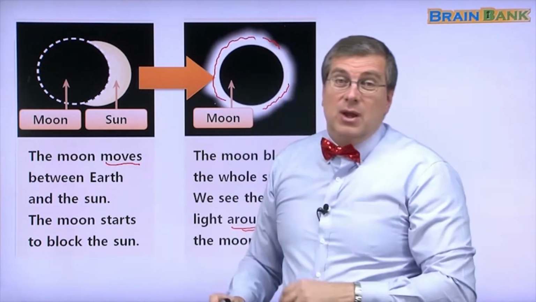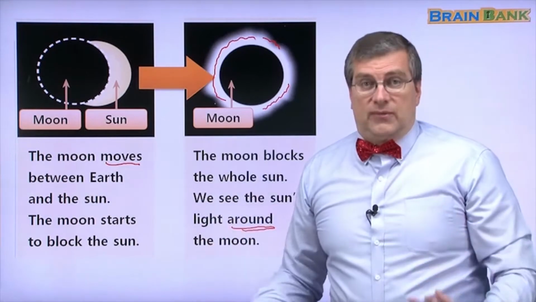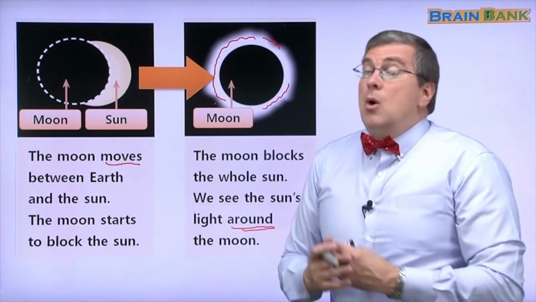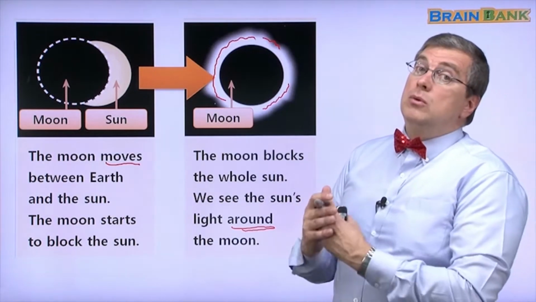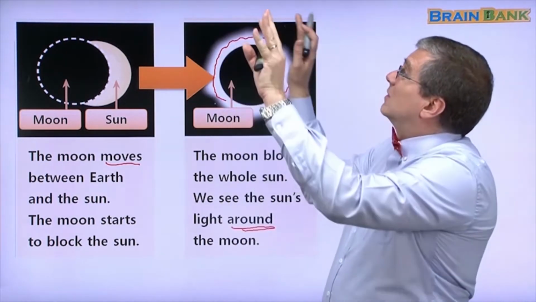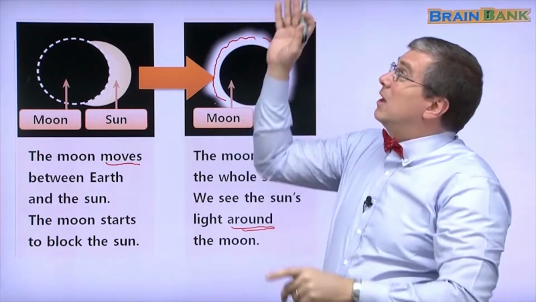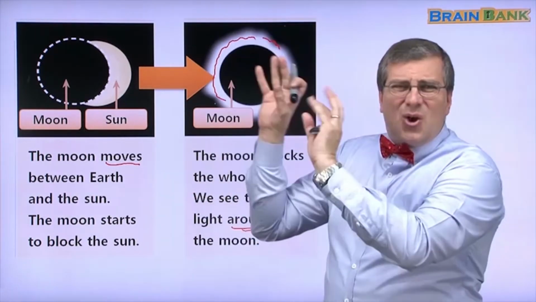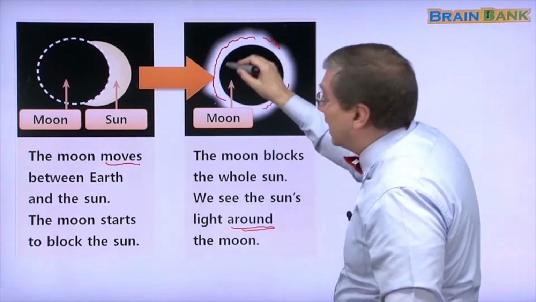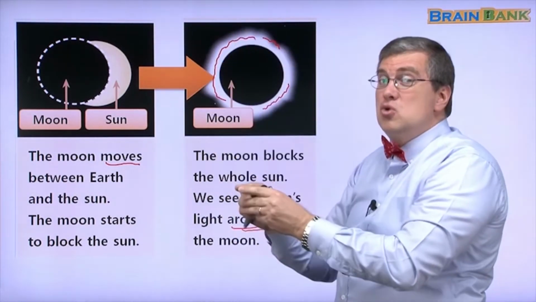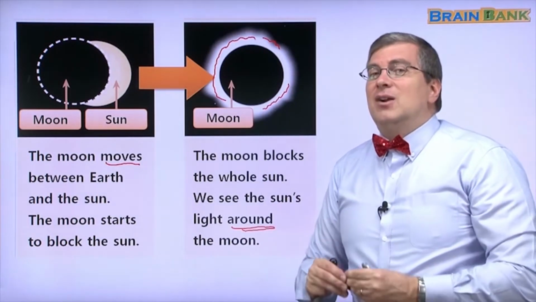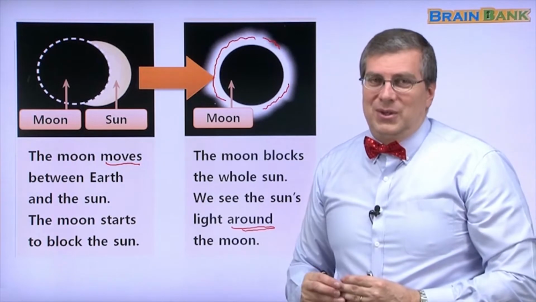So much fun. Very beautiful. When you see an eclipse, wow, so much fun. And very beautiful. Everything is dark. You can see maybe other stars, but it's also a little light because there's some light around the moon. It's very beautiful to look at.